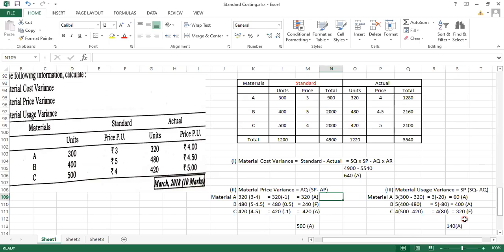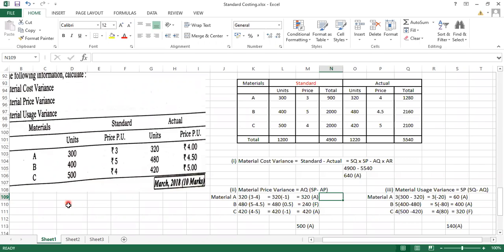Now, I've already taught you to do verification. Material cost variance is nothing but it is a total of price variance and the usage variance, correct. अब देखो क्या कर सकते हैं, हम adverse को add कर देते हैं और उसमें से favorable को subtract कर देंगे, तो we will get one net amount. So do along with me, 320 plus 420, this comes to 740. 740 adverse है, तो 740 adverse minus कर दो उसमें से ये favorable, 240 favorable. So this comes to 500 adverse आ रहा है ना.